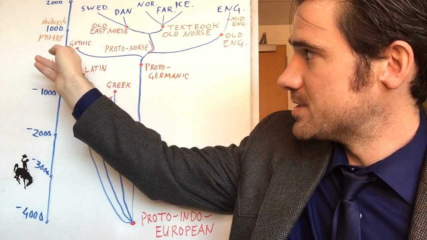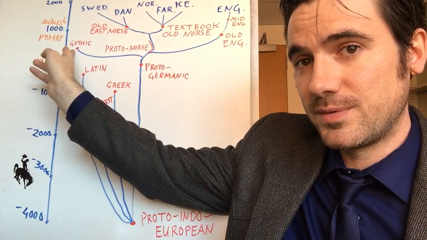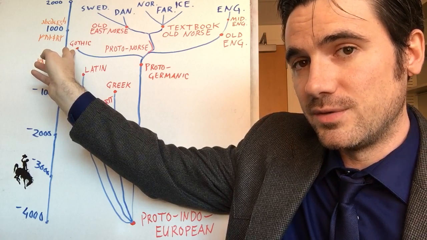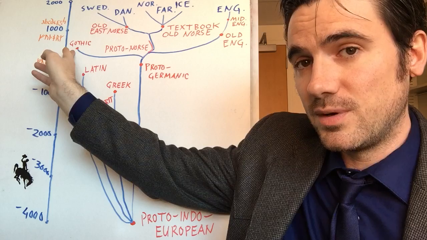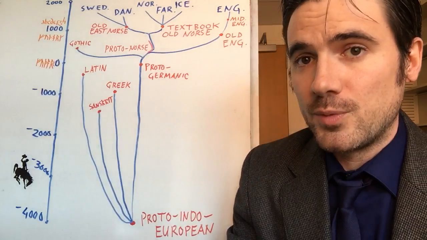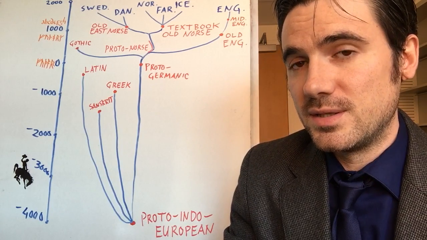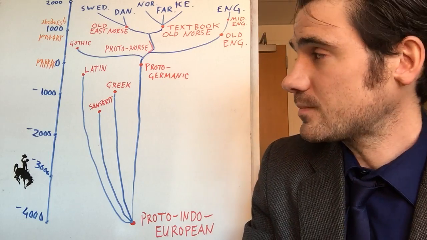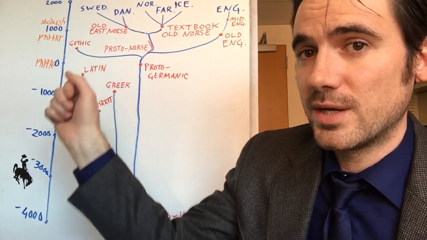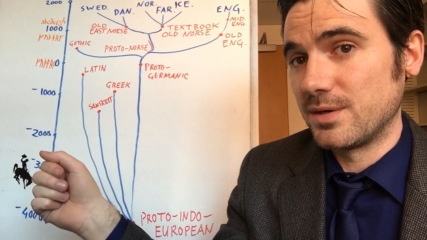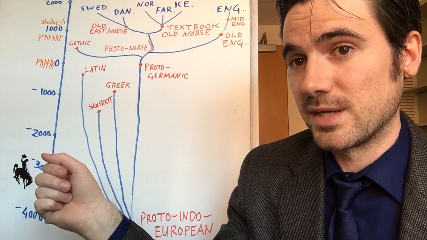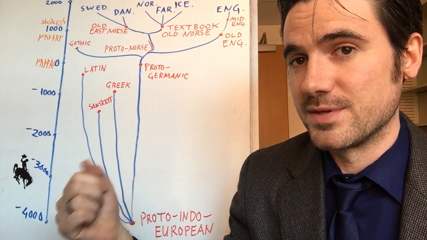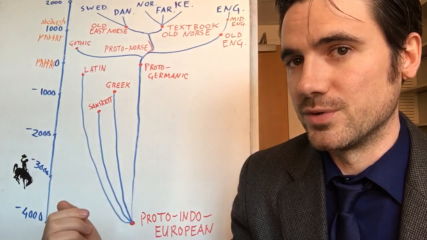So the Gothic language splits off, and we have the first really long cohesive records of a Germanic language written in Gothic from about 300, when the Bishop Wulfila translated the New Testament and at least part of the Old Testament into Gothic. But Gothic is now extinct, although Gothic provides us with a lot of information about the earlier stages of Germanic languages and gives us a lot more information about Proto-Germanic than we would have from the other Germanic languages, which are preserved later and so have lost a lot of older features.